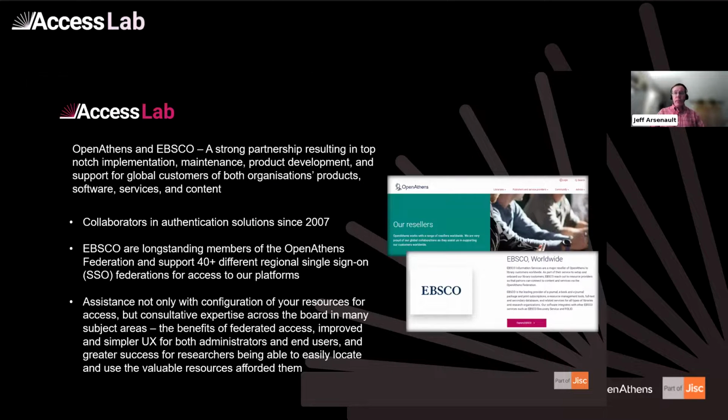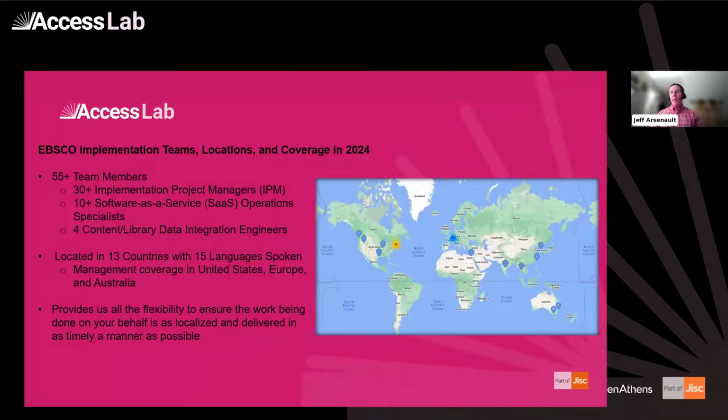Our team that Chris mentioned, we have an implementation team of over 50 experts that help set up OpenAthens and various other EBSCO tools that we have. We have discovery tools, content management systems, and link resolvers, all things that require expertise in how to connect to those resources that are out there, and in the idiosyncrasies of all of the vendors that we configure on behalf of all of the subscribers for OpenAthens.